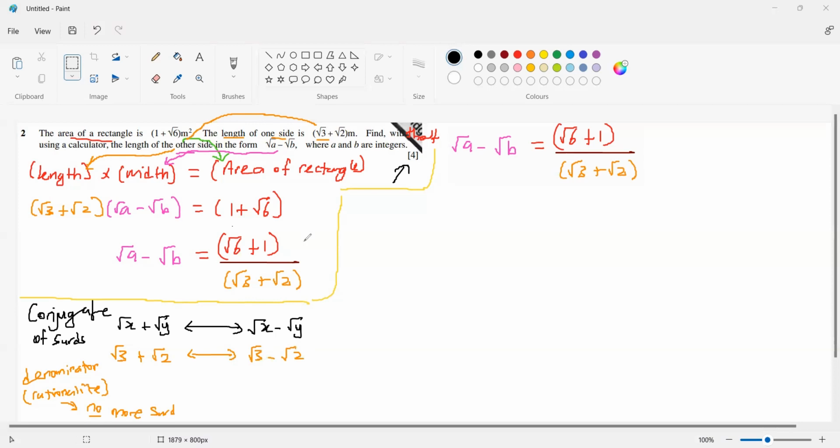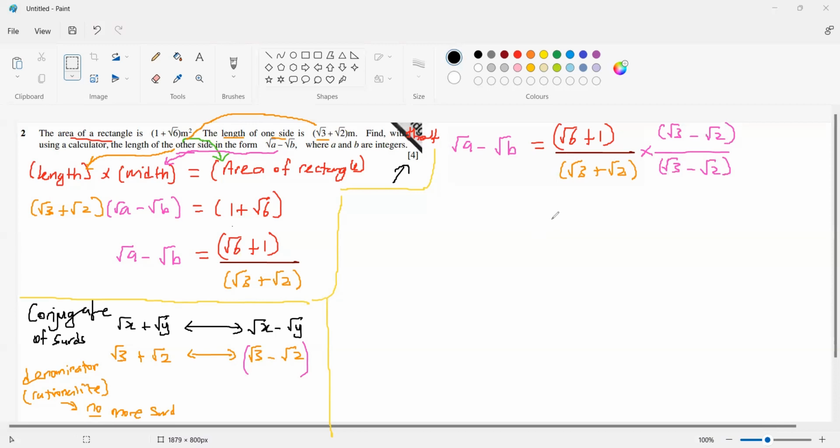Okay, so just replace it as root 3 minus root 2 like that. So the conjugate is that, means now let's suitably multiply up and down, essentially just multiplying by 1, but to remove the surds from the denominator, root 3 minus root 2 like that.